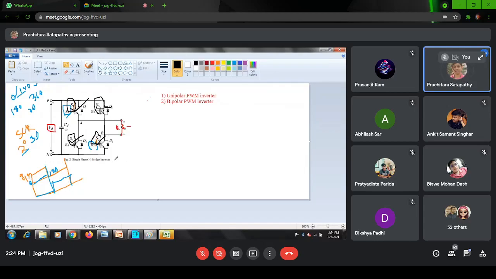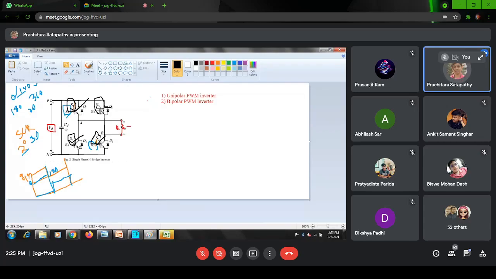Yes or no? So that is your aim. Whenever S1 is on, S4 will be off. So the fundamental is the same. Whatever the basics for bipolar, here the basic is the same. Only the comparator input is different.